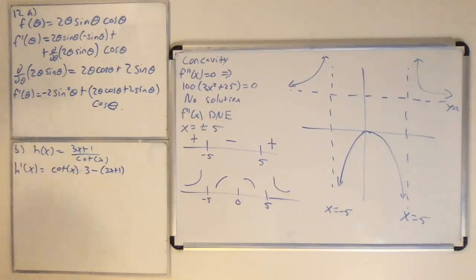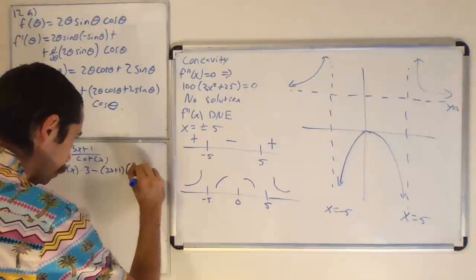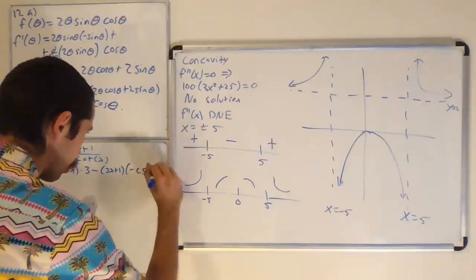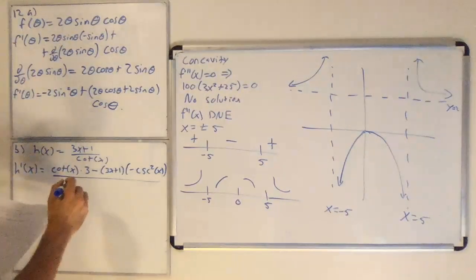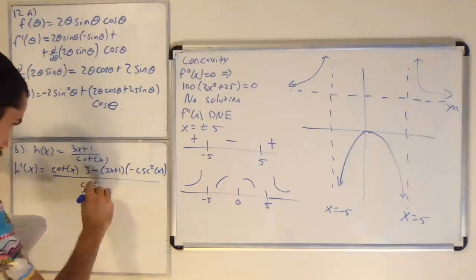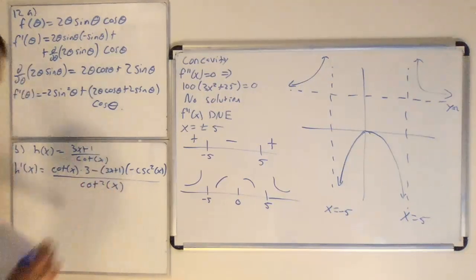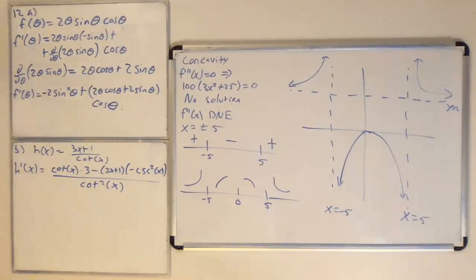The derivative of cotan is negative cosecant squared all over cotangent squared. And it's fine to leave your answer like this. No point of cleaning it up if you don't have to.